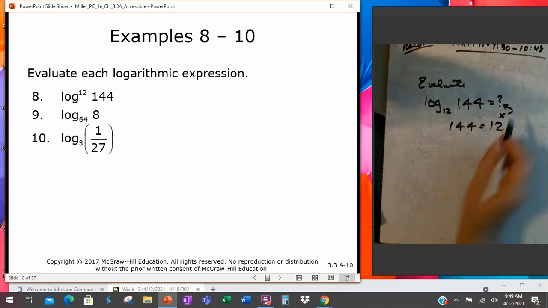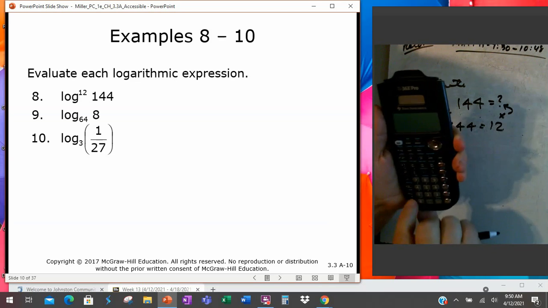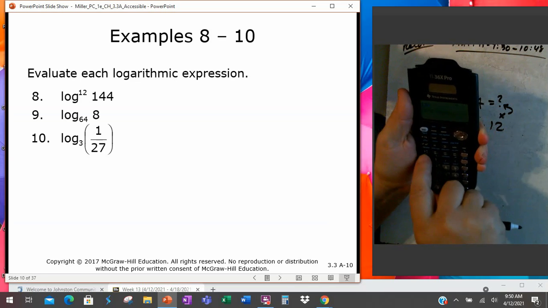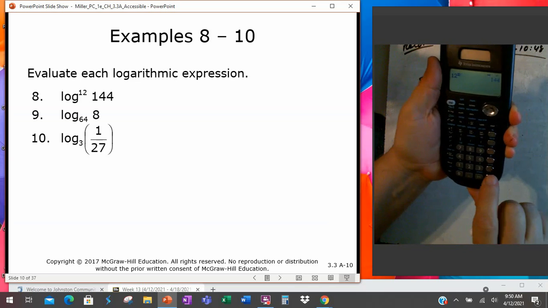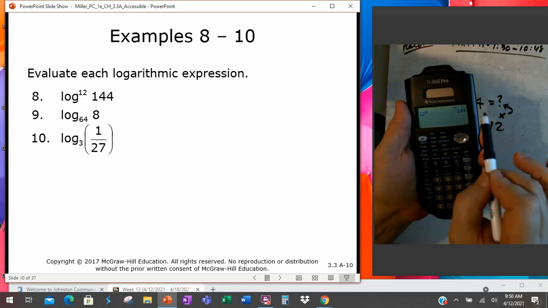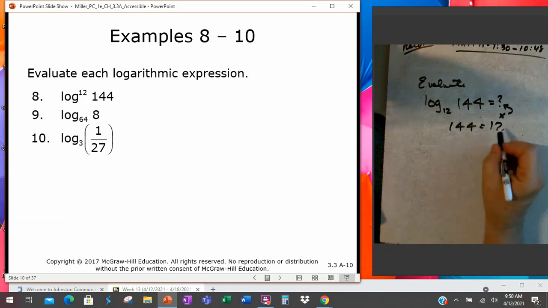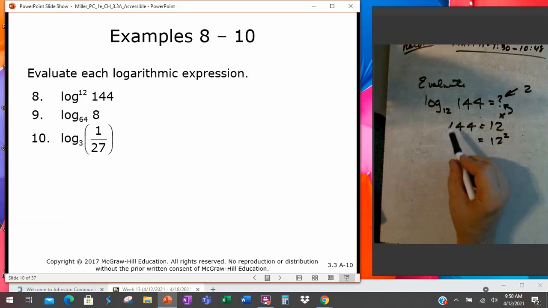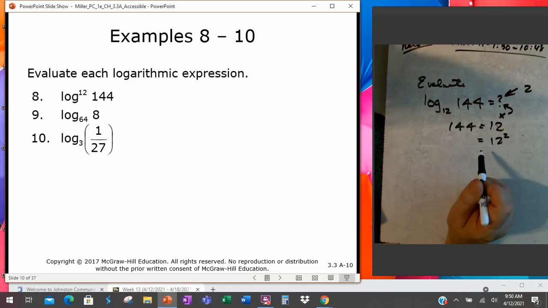What is that? For ones that are even powers or even roots, we can work this out. On our calculator, if I represent that by 12 squared, that matches the 144. So this log is 2. It tells us what exponent we need to represent this as a power of 12.